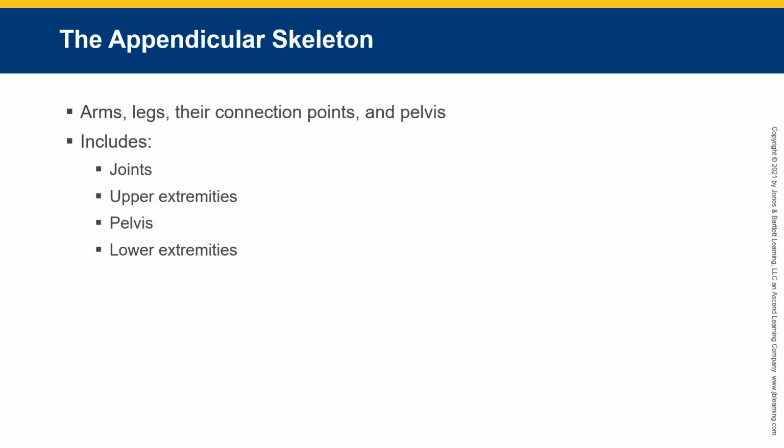Your appendicular skeleton is arms, legs, and their connections to the pelvis. It includes your joints, upper extremities, your pelvis, and your lower extremities.